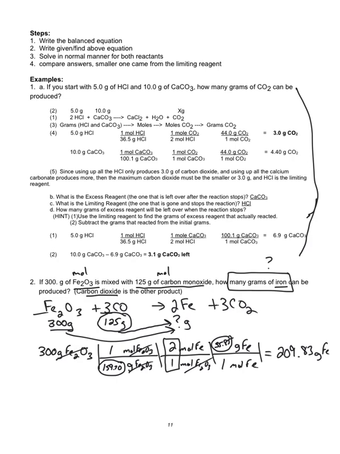Okay? Now we have to do the same thing, but now with the carbon monoxide, figuring out how many grams of iron it could also produce. Okay, so we do the same exact process. 1 mole of carbon monoxide has the mass of 12 plus 16, which is 28.01 grams.